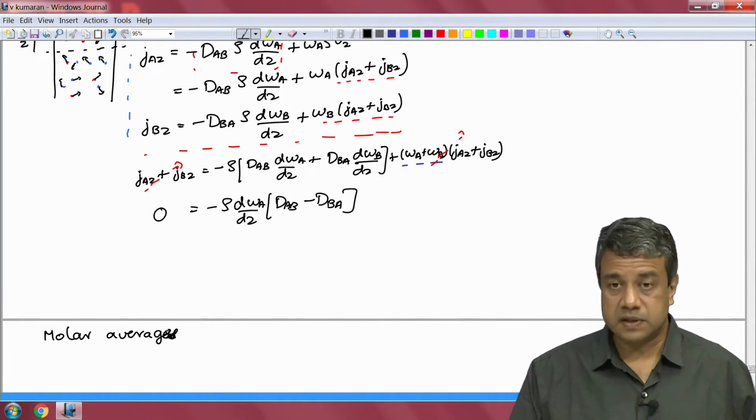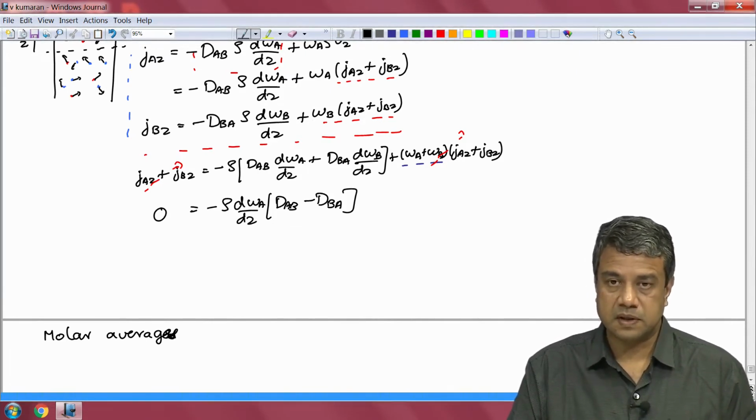This is now in terms of moles or number of molecules rather than in terms of mass.